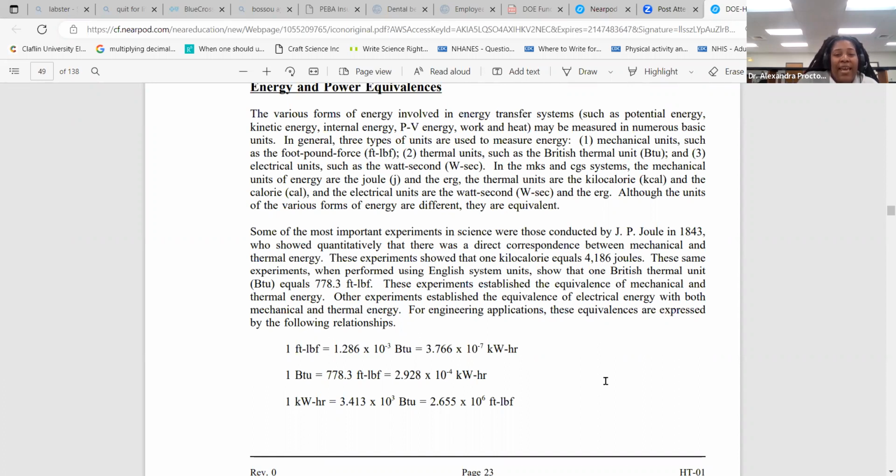In the MKS and CGS systems, the mechanical units of energy are the joule and the erg. MKS is meter, kilogram, second, or centimeter, gram, second systems.